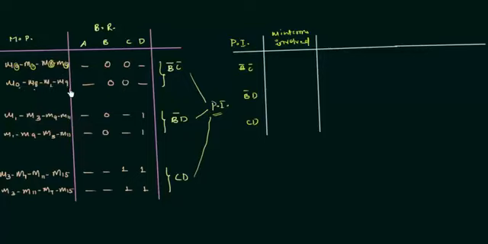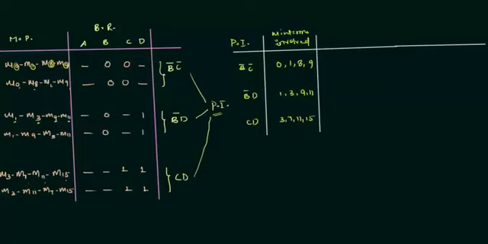So we are going to write down 0, 1, 8 and 9. In the same way for B complement D, we have 1, 3, 9, 11. For CD we have 3, 7, 11, 15. And also we have to write down the given min terms.